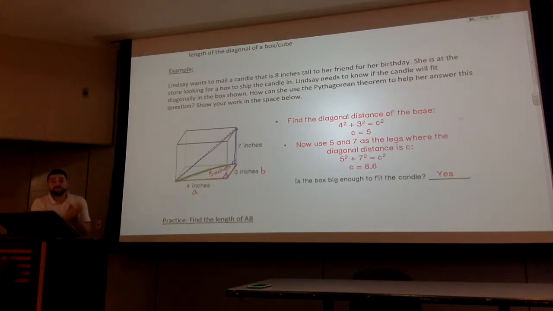Then we do the same thing and use the Pythagorean theorem, where now this 5 is going to be our A, and this 7 is going to be our B. So we have 5 and 7, and then we solve for C, which is 8.6. Because the diagonal of the box is 8.6 inches, and the candle is only 8 inches, that tells us that the candle will fit diagonally.